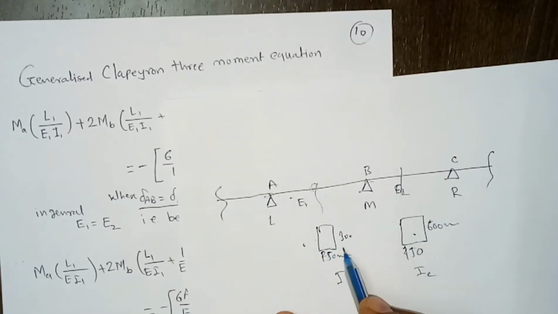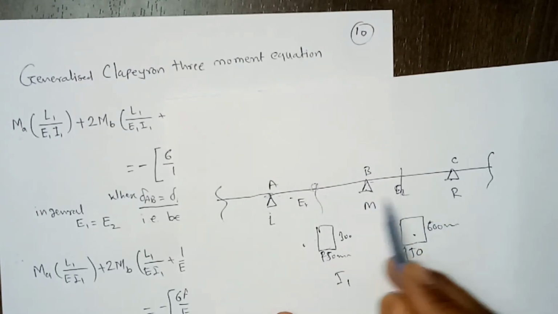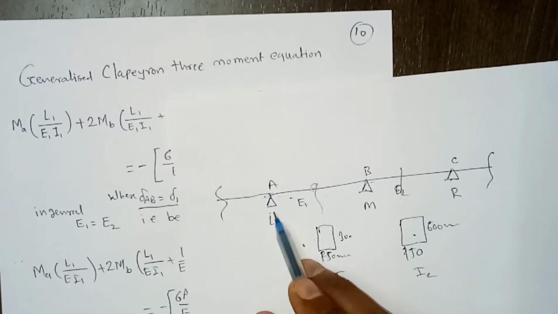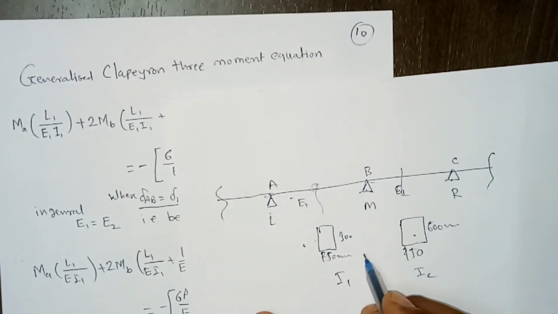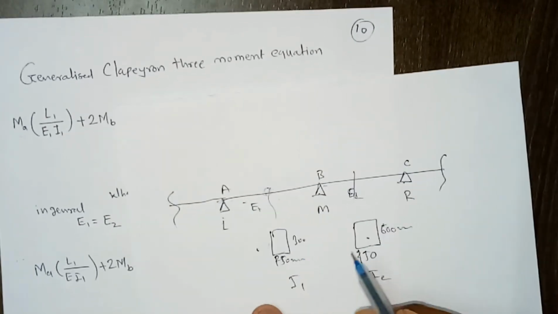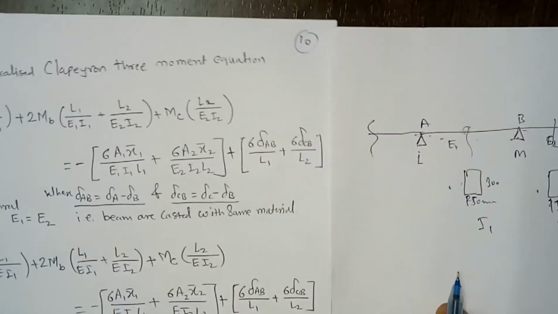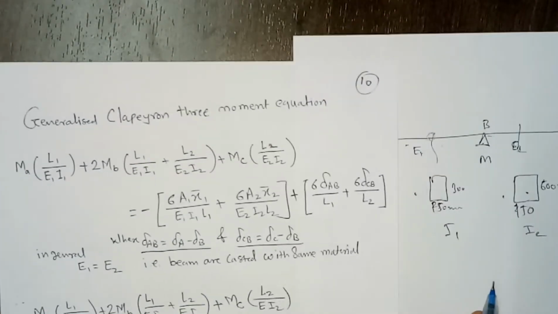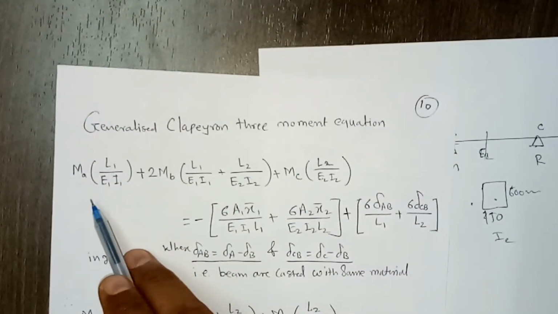And then again, if any one of these supports, or maybe more than one support, sinks down or settles down, then how can we incorporate these things in Clapeyron's three moment theorem, that we'll discuss today. To discuss this, we need a more general form of Clapeyron's three moment theorem, and this is the form.